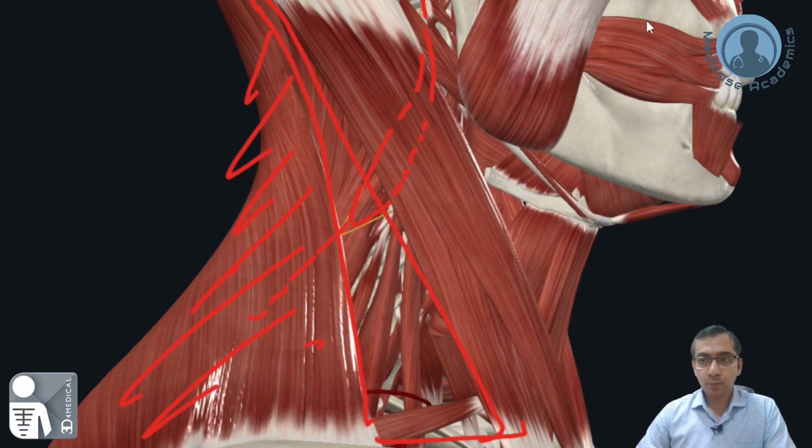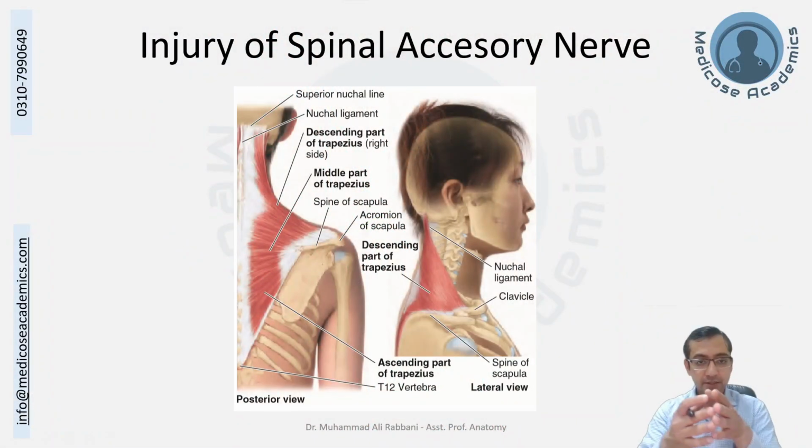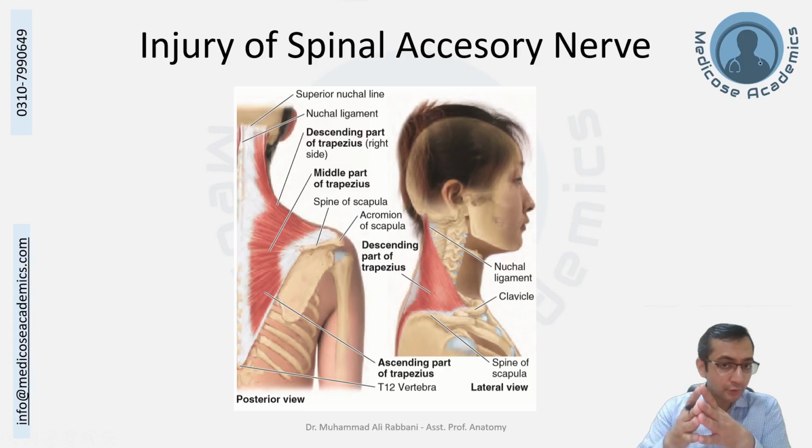So now the question that I was talking about, the question that bugs the students a lot, is how to differentiate between the injury of the two muscles, both of which are responsible for overhead abduction.